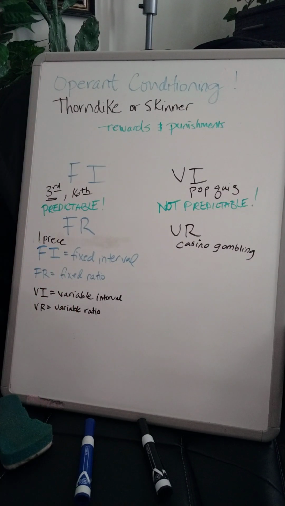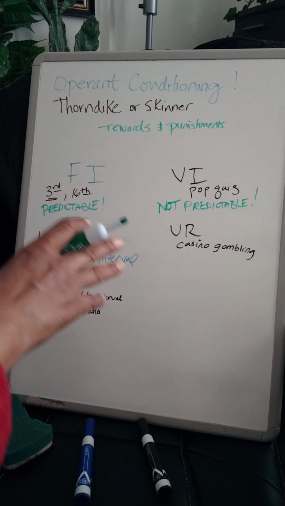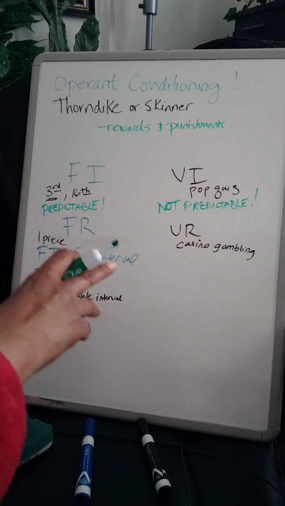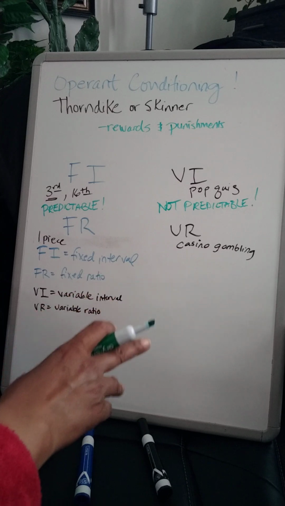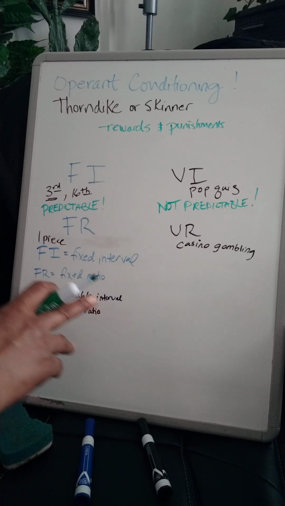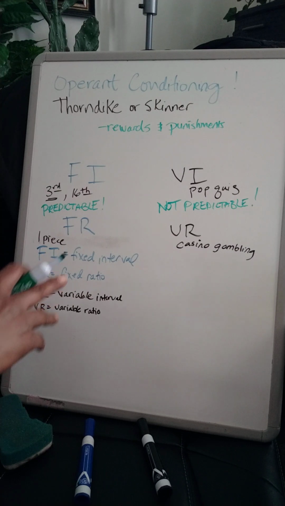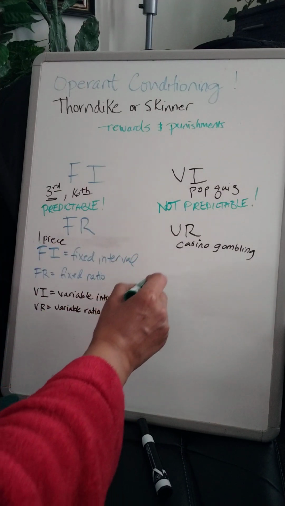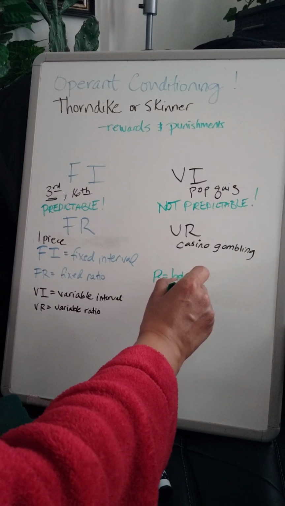Awesome. So remember, the ratio, so the R, that's our behaviors. Okay. So when you see R, that's our behaviors. When we think of interval, you think of time. So when we think of R, think of behaviors.